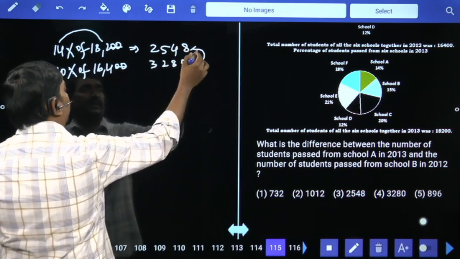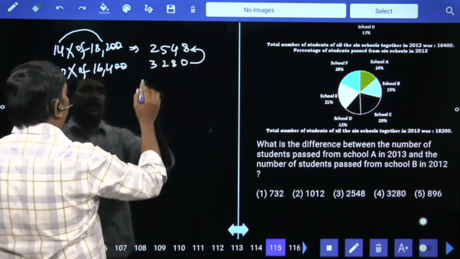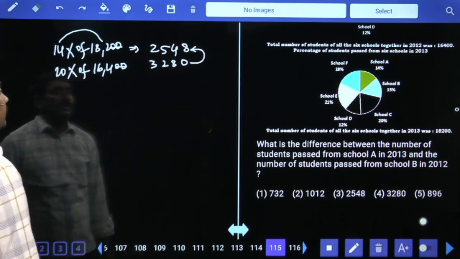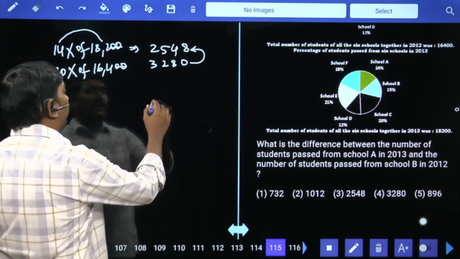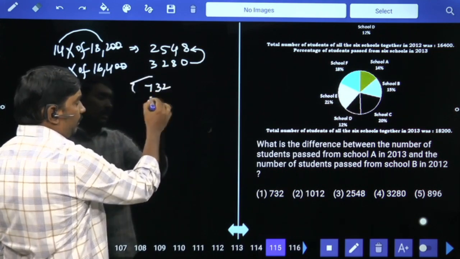So the difference is 732. That is your answer.